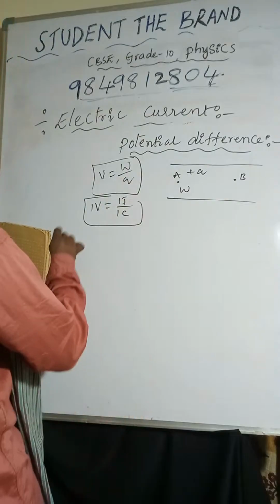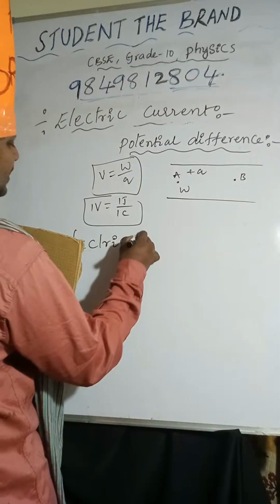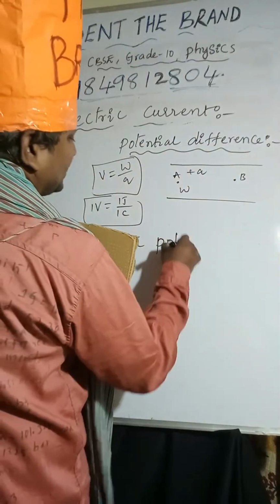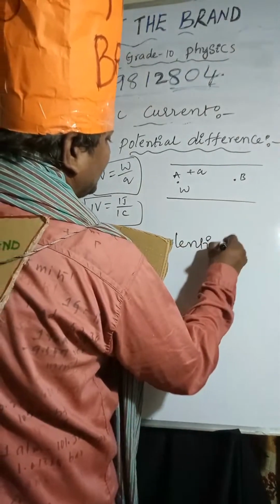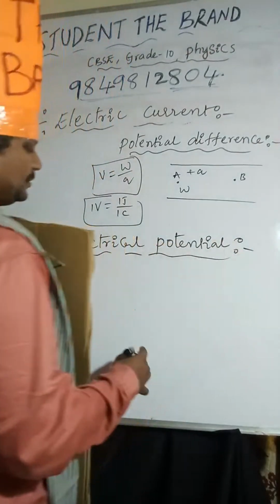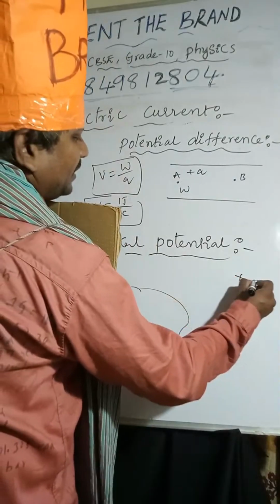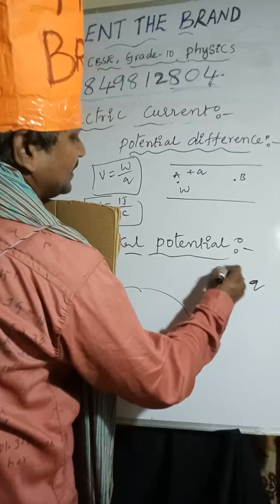Next one, electrical potential. We are doing some work to bring a unit positive charge. If you take the field, the positive charge is at infinity.